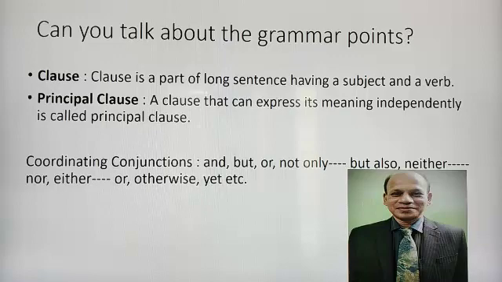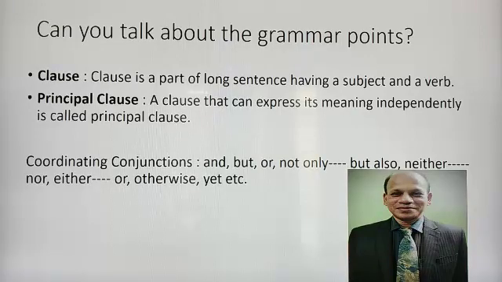Principal clause. In our complex sentence, we have talked about subclauses. We have no subclause in compound sentence. In compound sentence, we must have 2 principal clauses. So this is the definition of principal clause.